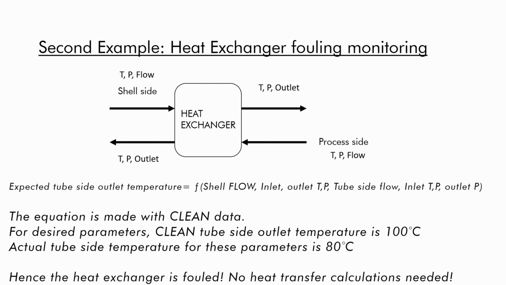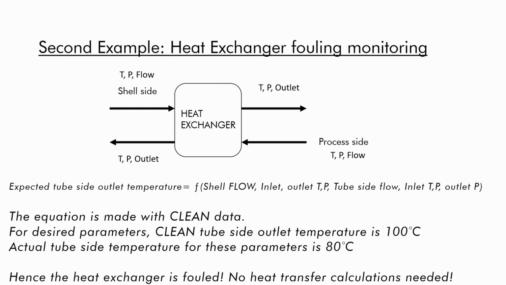Now, if you want to know whether the heat exchanger is fouled or not, you just take the current process parameters, put it into this equation, and see what is the expected outlet temperature. Let's say it is 100 degrees Celsius. But then you check the actual outlet temperature, and if it happens to be 80 degrees Celsius, you know that the heat exchanger is fouled.